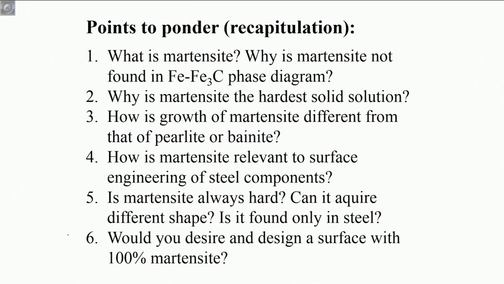So the core can very well be retained as pearlite, so that the toughness and the ability to absorb energy are retained, but the surface becomes predominantly martensite, so that it can resist wear or any other kinds of degradation.